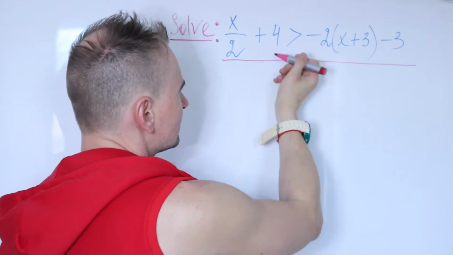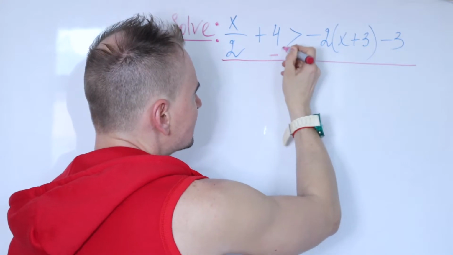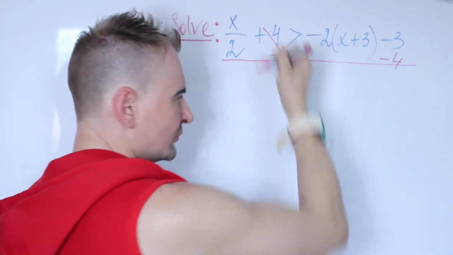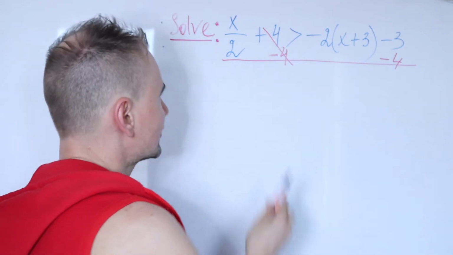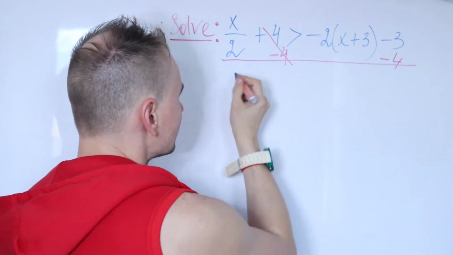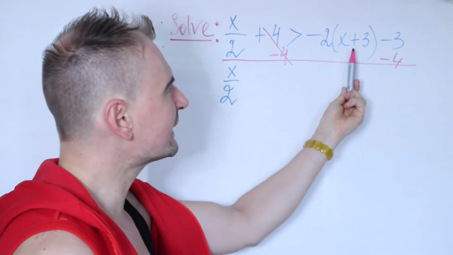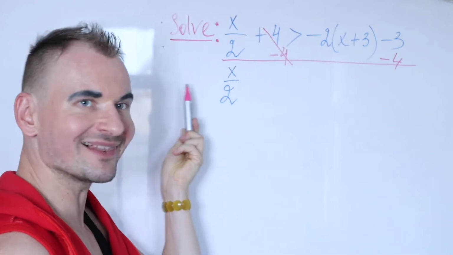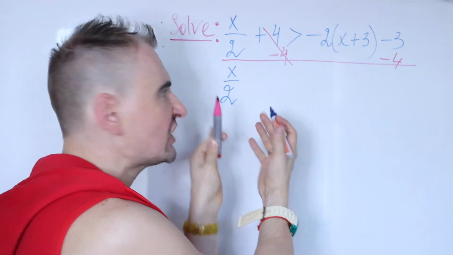So you just need to subtract 4 from both sides at this point. You undo, you do the opposite. So this step brings us to the next step: x over 2. And I'm going to bring this entire parenthesis to the left side to collect your x's over here.